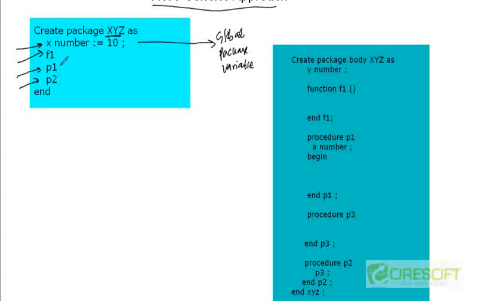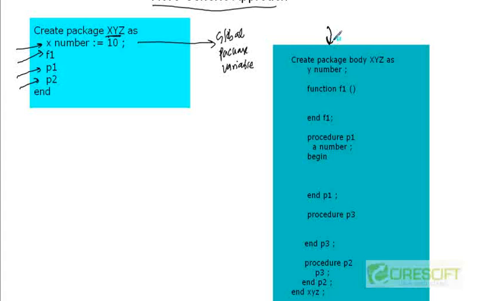Don't worry about syntax, I just want to give you a concept here. In my package xyz specification, I have a global variable x, which is called a package variable, and I am going to have implementations of one function f1 and two procedures p1 and p2.